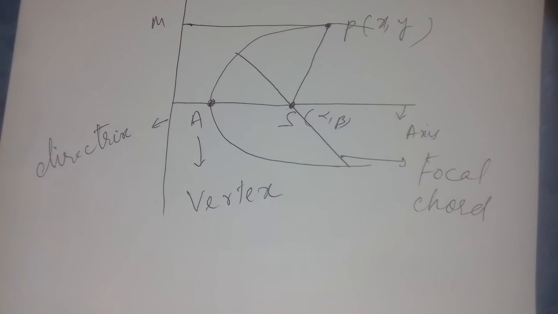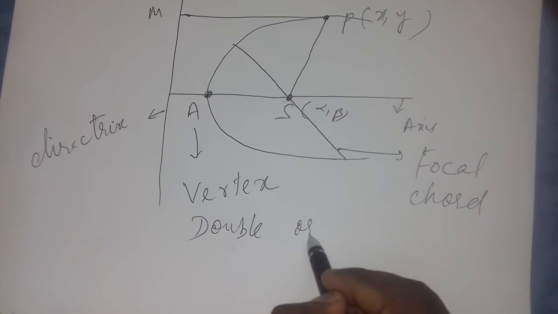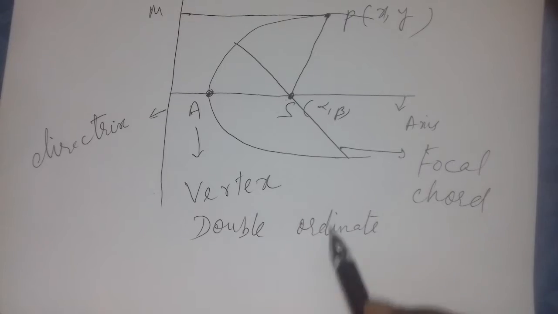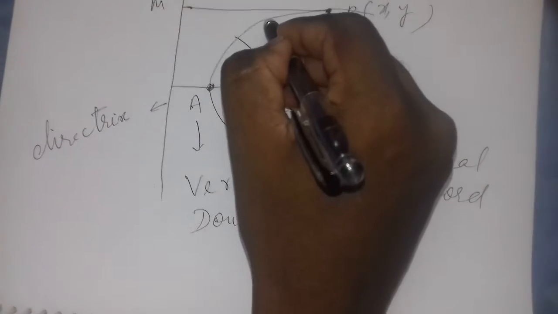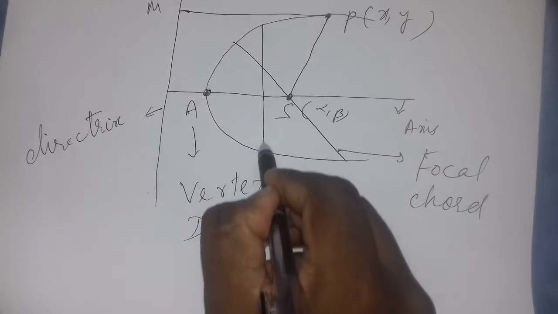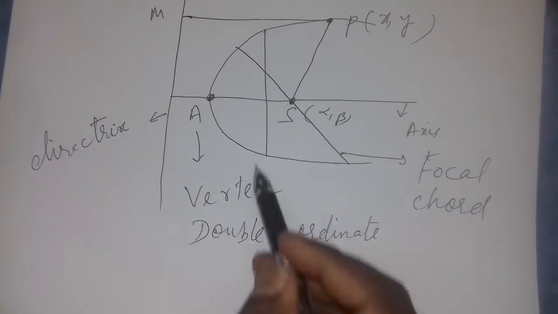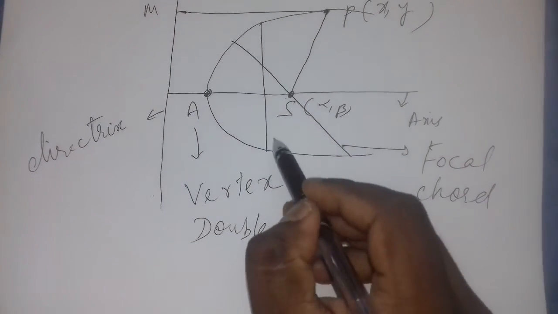So now we come to double ordinate. Double ordinate is a line which is perpendicular to the axis. It's a chord which is perpendicular to the axis. I didn't draw it exactly, but say it's a perpendicular line. This would become a double ordinate.